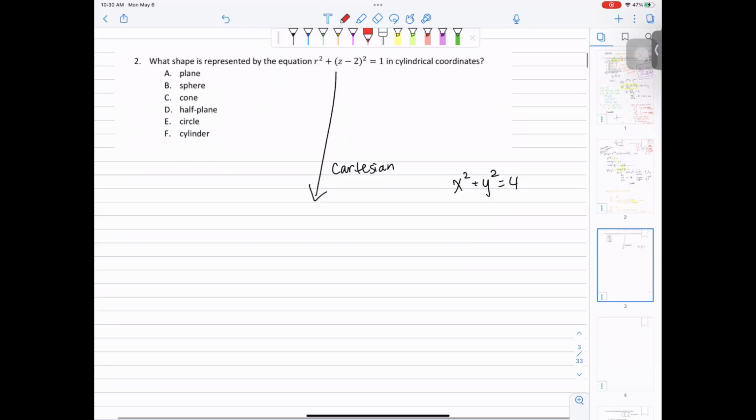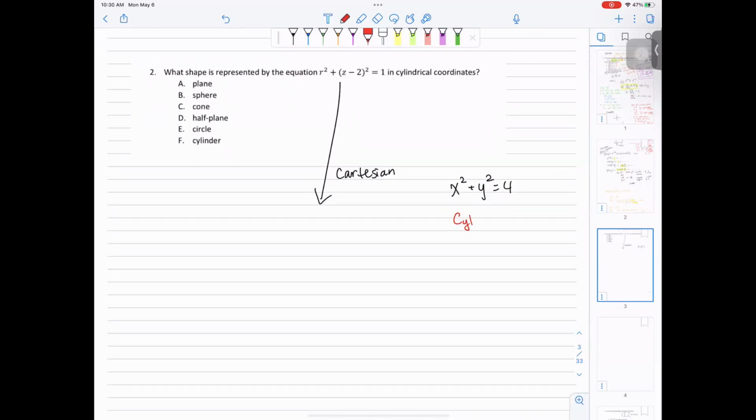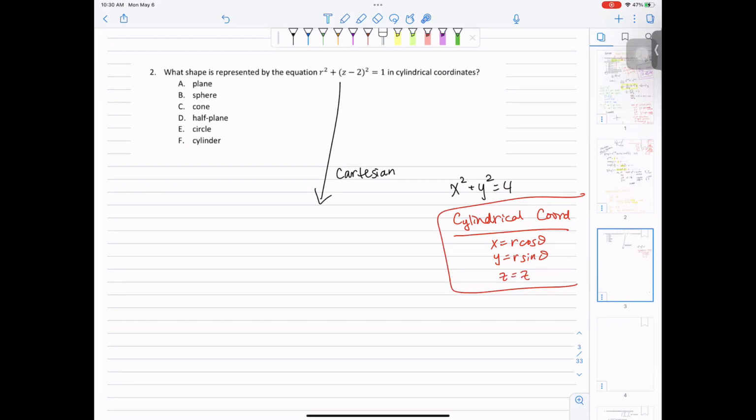So what are the cylindrical coordinate conversions? X is r cosine theta, y is r sine theta, and z is z. These were our cylindrical coordinate conversions, right? Okay, so what is r squared? This is something like a tip, I guess. R squared is x squared plus y squared. Why?